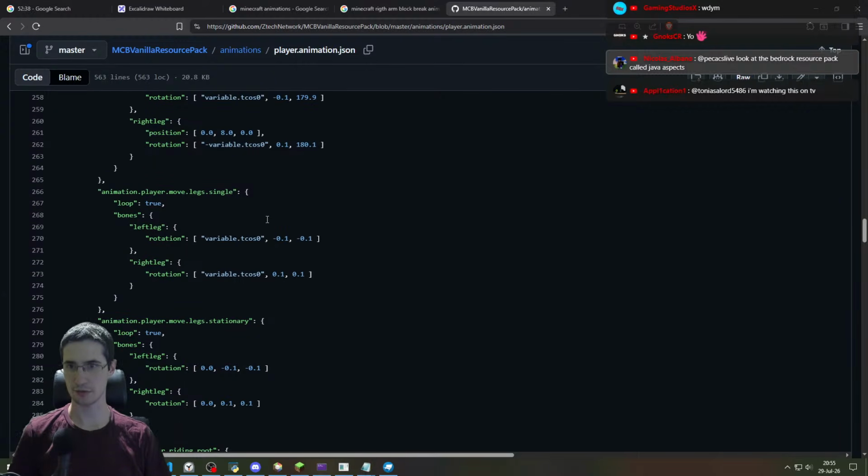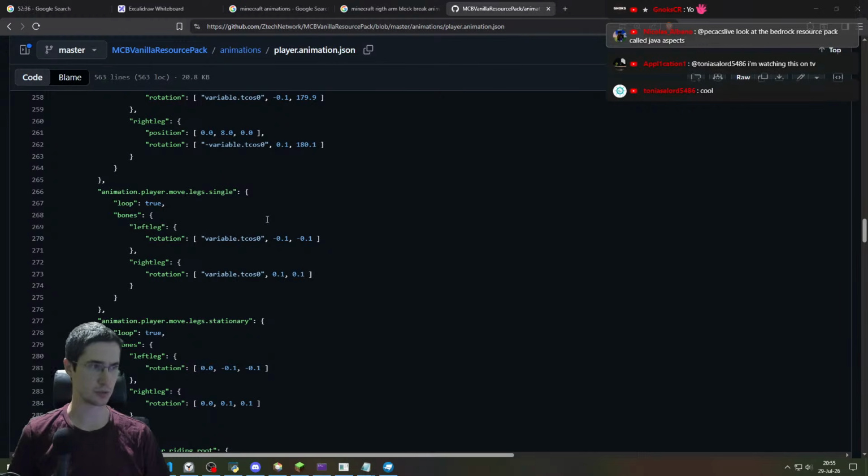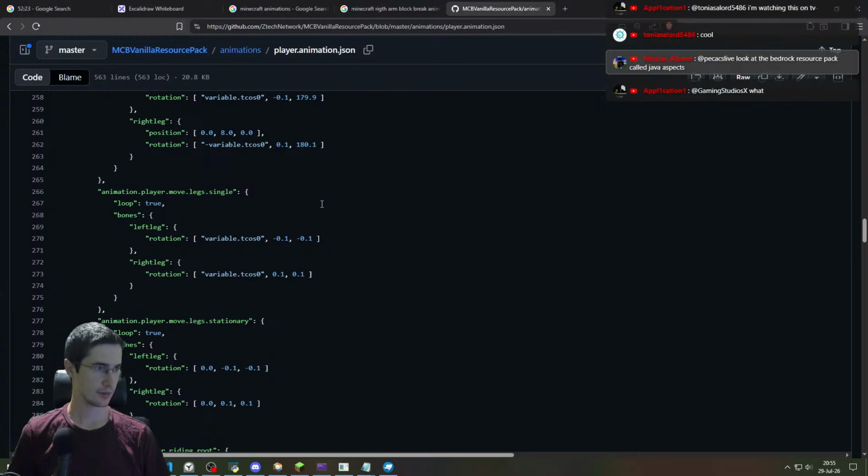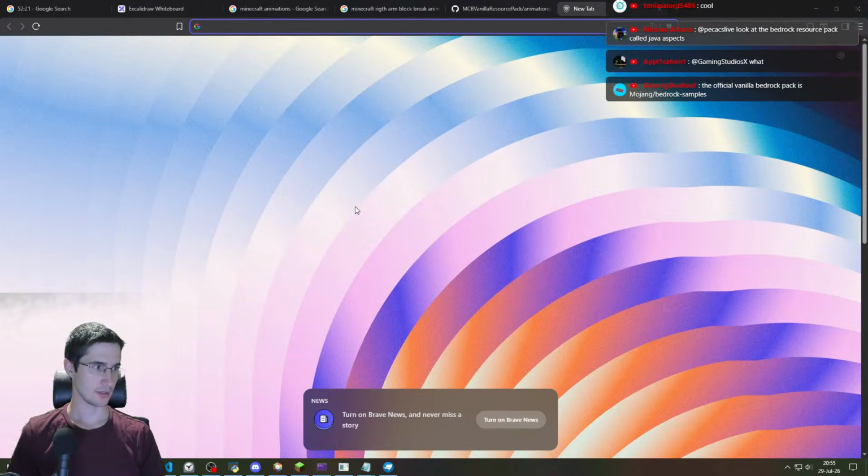Could we have use for this? I'm just looking at this file to see if we got any use of this. If not, we'll move on to something else. Bedrock resource pack. Java aspects. What's this?